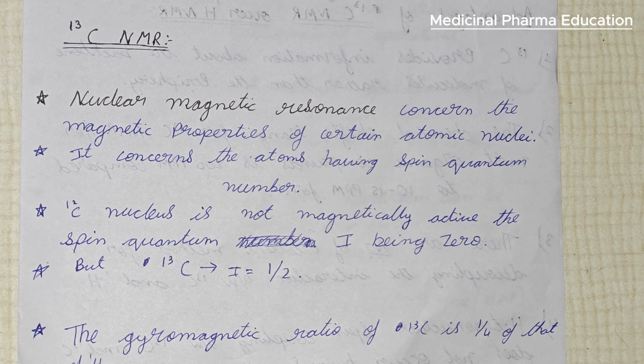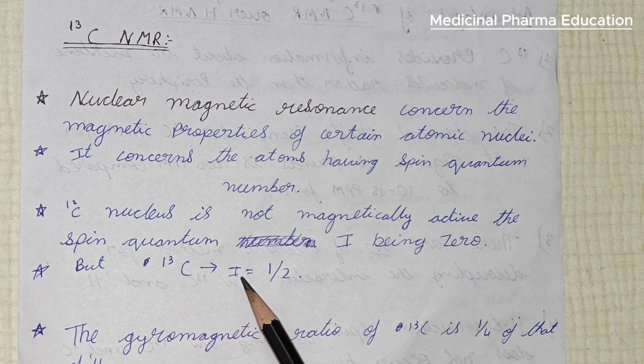From our previous videos, we understood that only odd mass numbers are spin active, even numbers are not active, like 2, 4, 6, 8, 10, 12, 14, and so on. They are not active because they are even numbers. Only odd numbers are active.